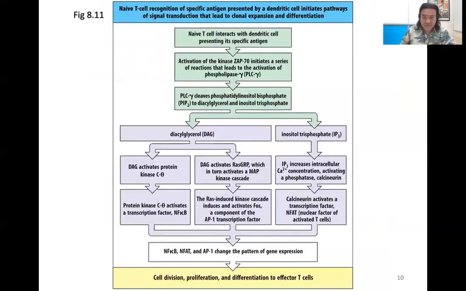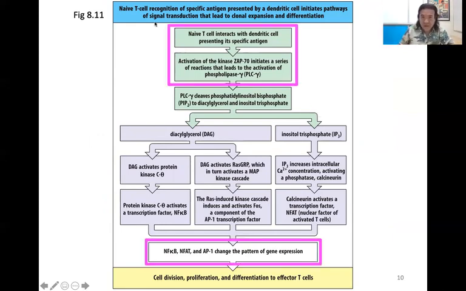So this is a flow chart of those different pathways that the ZAP70, once it's phosphorylated, stimulates. I don't need you to memorize this, and I don't even want you to get a headache spending too much time on it. But I want you to know two critical parts of it. Up here is the naive T cell recognizing the specific peptide presented to its T cell receptor, and as a result, the T cell receptor complex has parts of it phosphorylated.